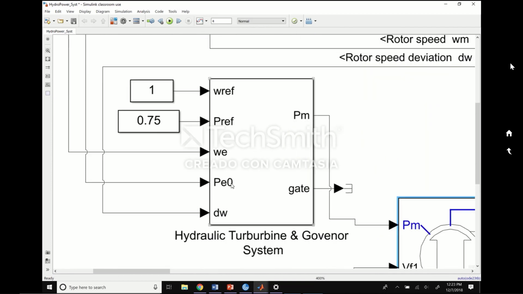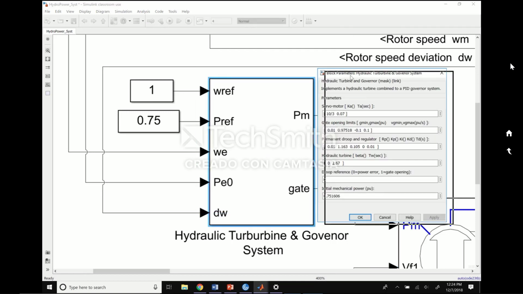These parameters go into the hydraulic turbine and the governor system, and they tell the governor to open or close the wicket gates inside the turbine. The wicket gates are responsible for controlling the amount of water that enters the turbine, and that in turn affects how fast the turbine will rotate.